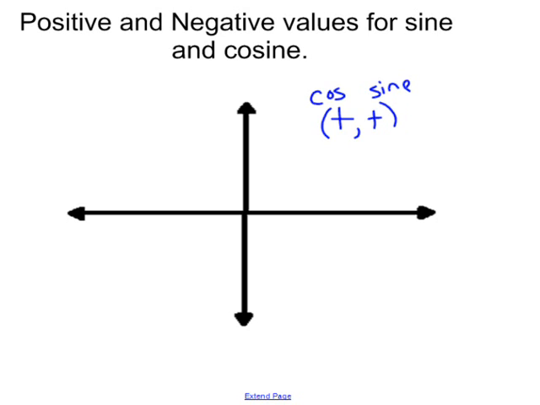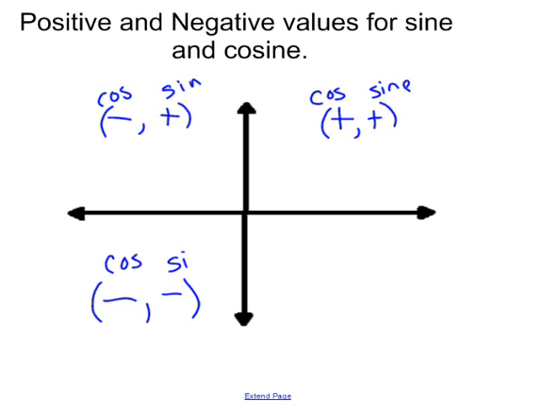We found out that cosine was negative, but sine was positive. In the third quadrant, we found out that both of those were negative. And in the fourth quadrant, we found out cosine was positive and sine was negative.